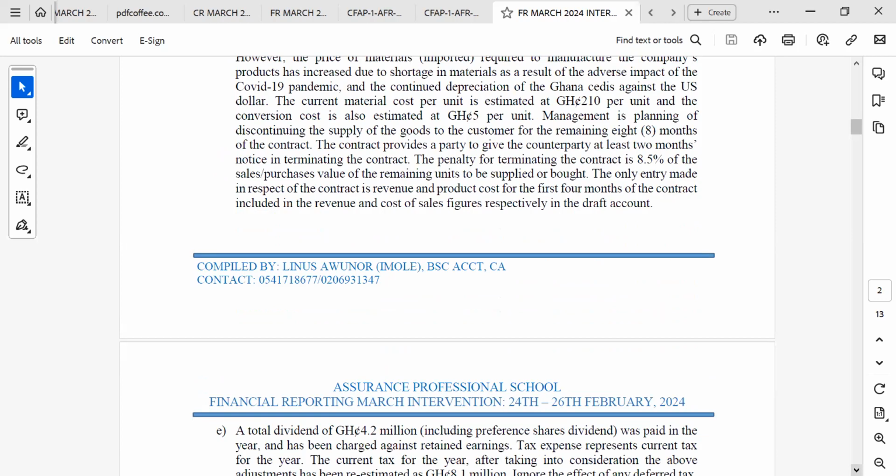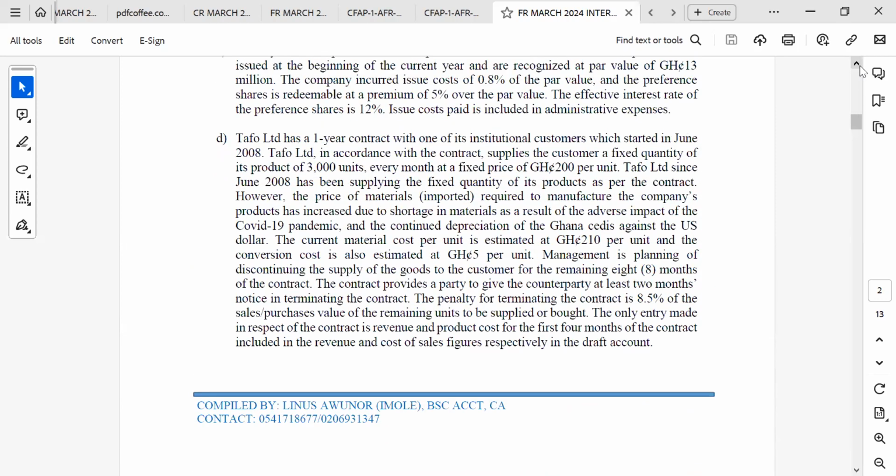Okay. What standard is this? IAS 37 provisions. And which part of the 37 is this one? Discontinued operation. Contingent liability.